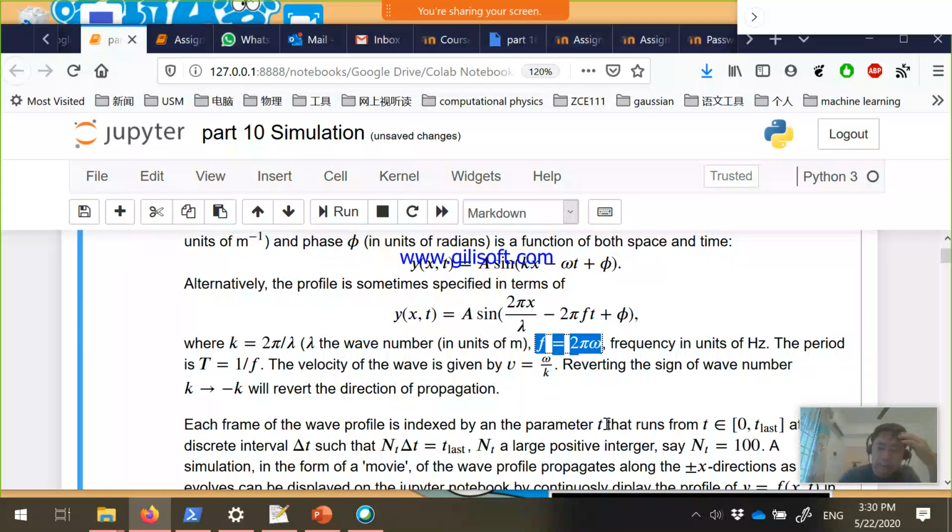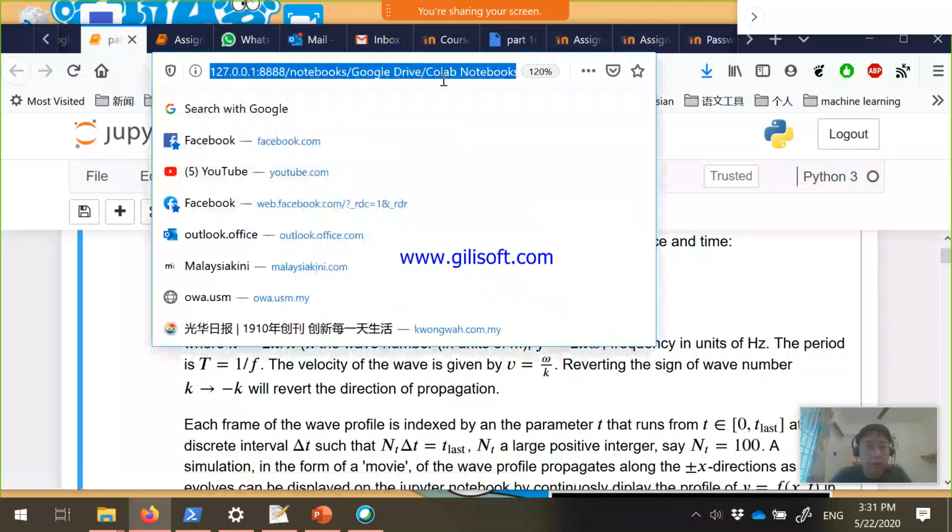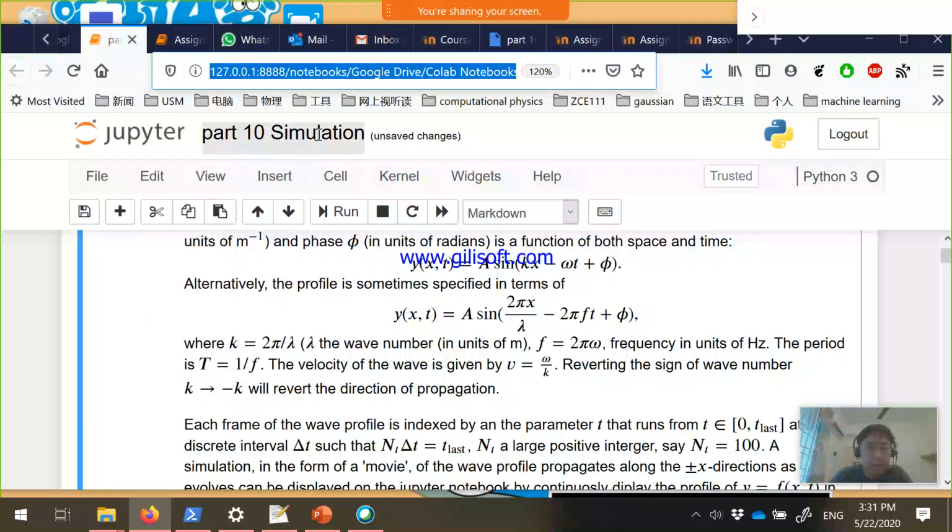I think there's something wrong, isn't it? Can anyone tell me, is omega 2 pi f, or is f equal to 2 pi omega?